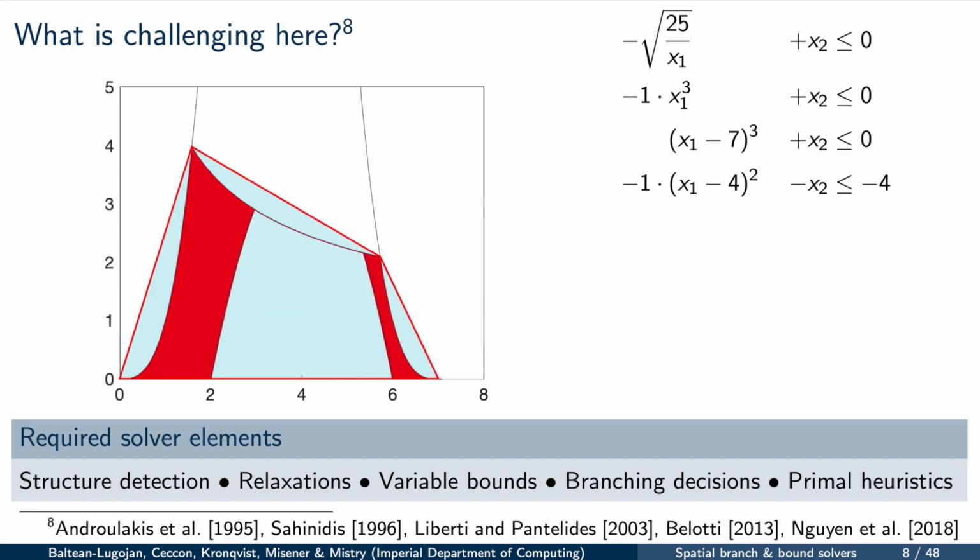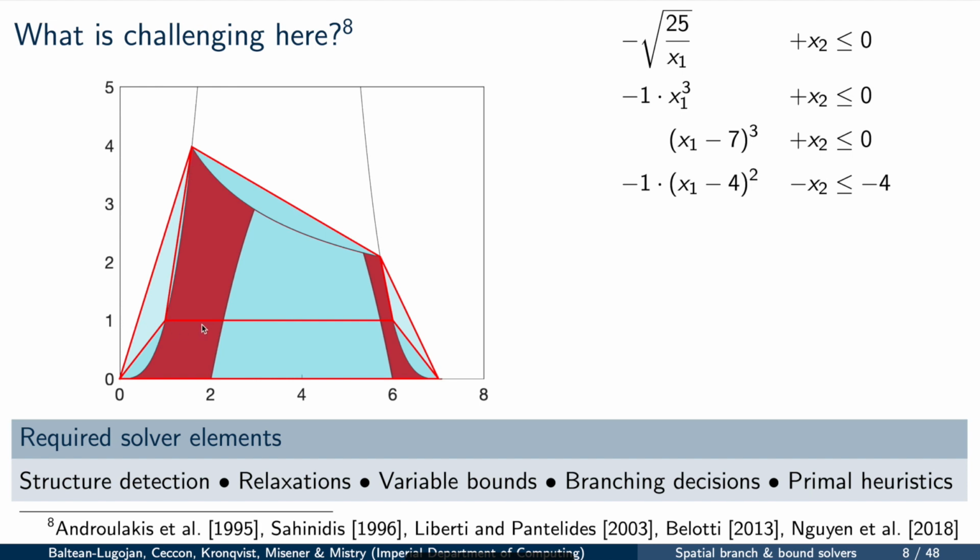Next, let's mention the importance of branching decisions. So as in mixed integer linear optimization, we're going to develop a branch and bound solver. And let's say I developed a branch at x1 is equal to 4. This would be a brilliant branch for this particular optimization problem or for this particular feasible set. What if instead I wasn't so lucky and instead I ended up branching on x2 is equal to 1?